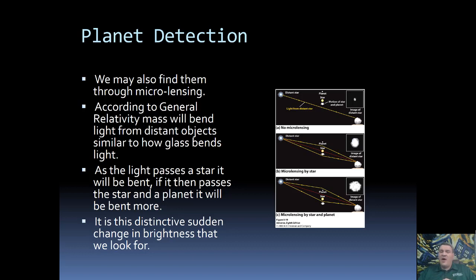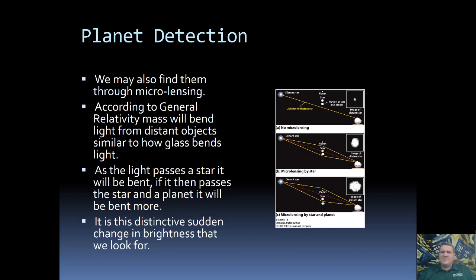Now, there are a couple of other ways that we've actually found extrasolar planets, although they are less common. One of these is through what we call microlensing. If you remember back when we were talking about black holes and general relativity, we talked about how objects of mass can bend light. This is known as gravitational lensing. Well, something really small is only going to bend light a little bit, so we call it microlensing.